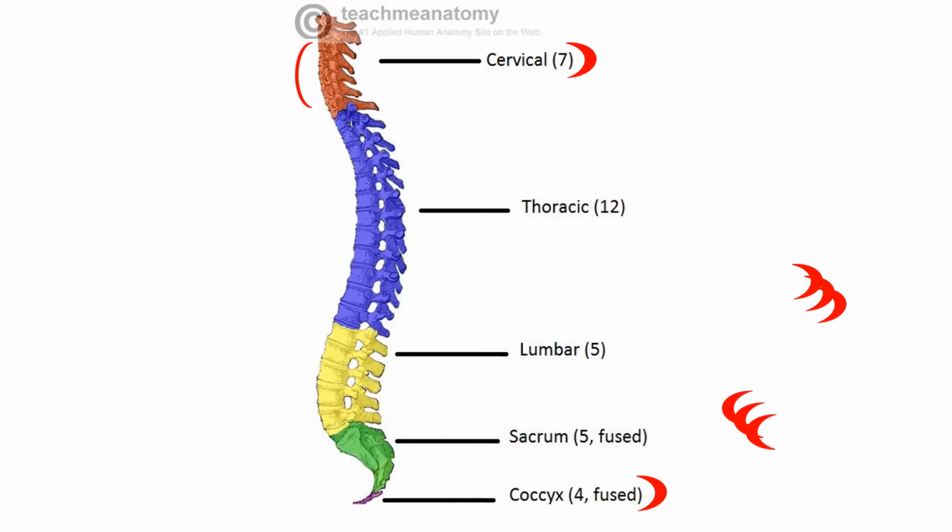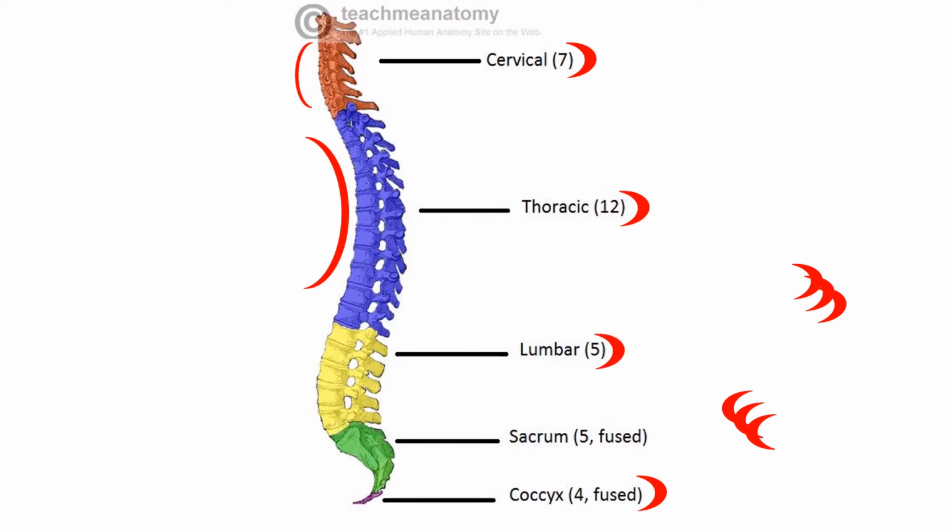Any convex part of the vertebral column anteriorly is called lordosis, as if looking up to God. Then next is the thoracic area, made of 12 vertebrae, and anteriorly it is concave. Concave parts of the vertebral column are called kyphosis.